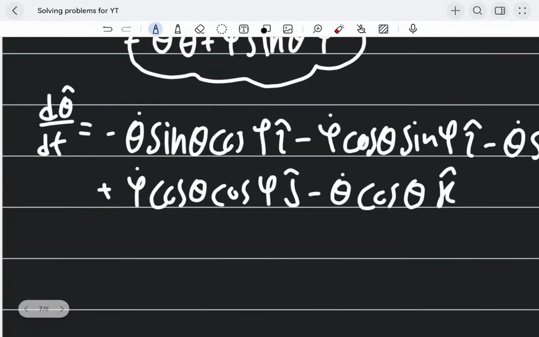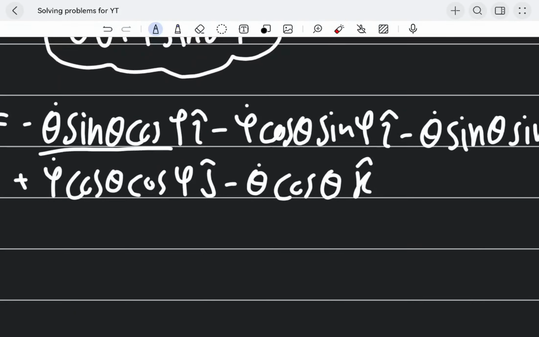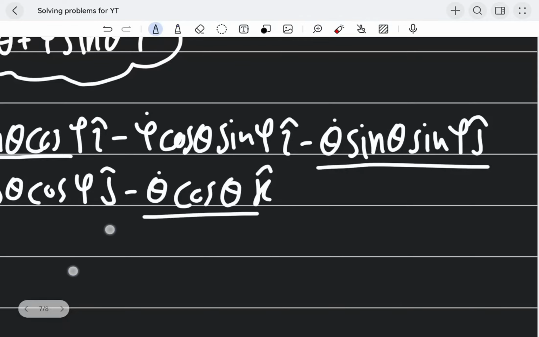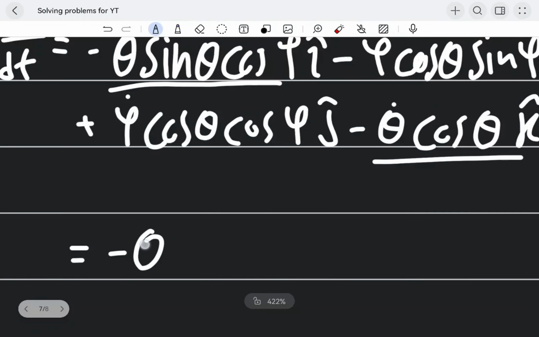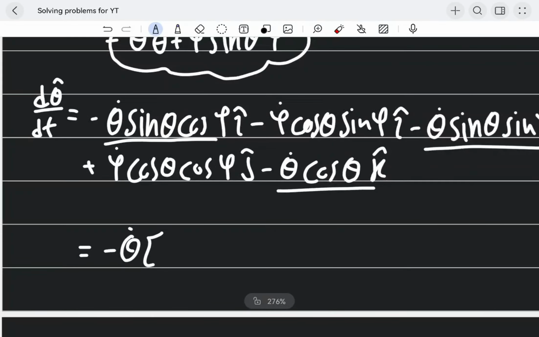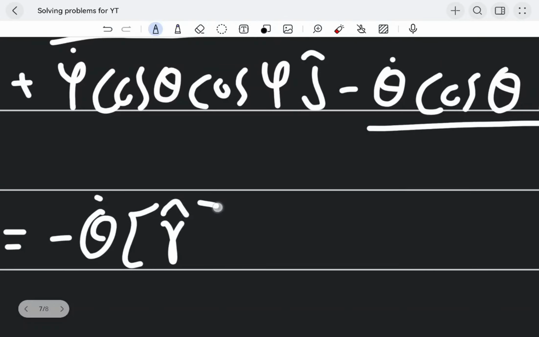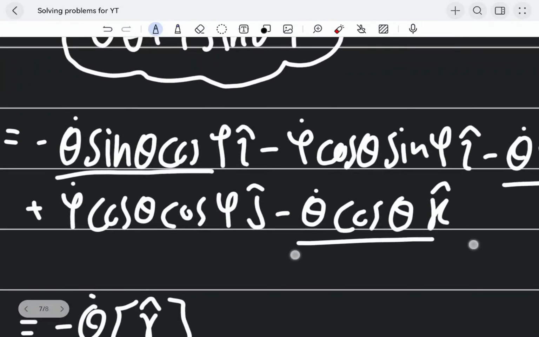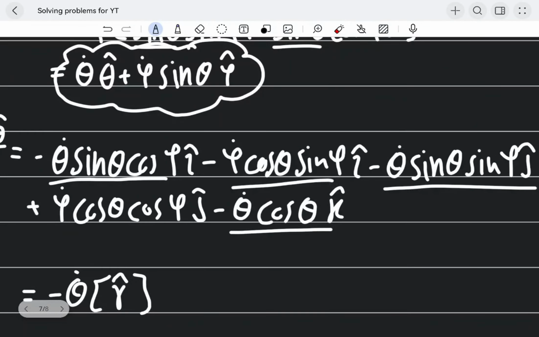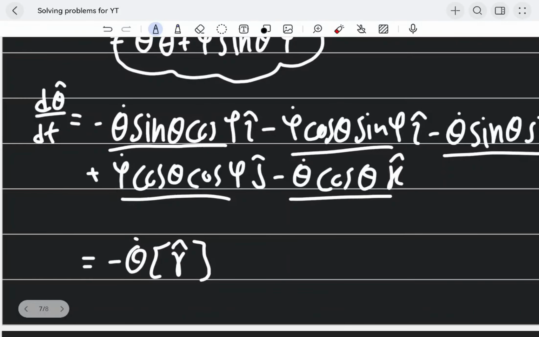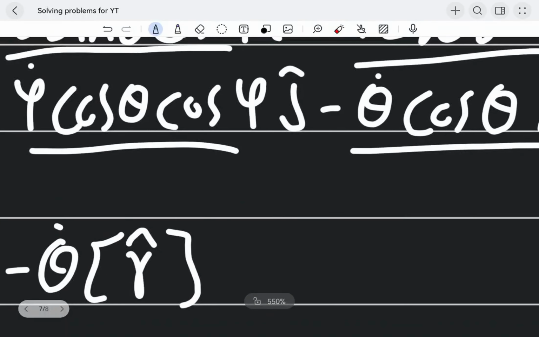And the same thing, we are taking minus theta dot as a common factor. Minus theta dot times sine theta cosine phi plus sine theta sine phi plus cosine theta, which is r hat. And for the rest, we can take phi dot cosine theta as a common factor.